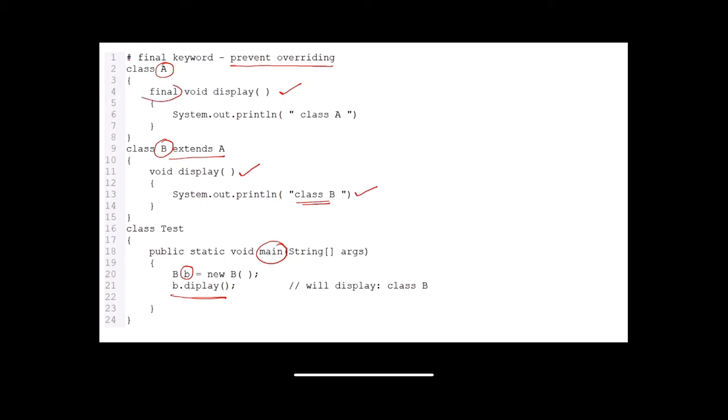Why? Because I've used a final keyword in front of the definition of the display function. So what does final do? It prevents the inheritance of this method.